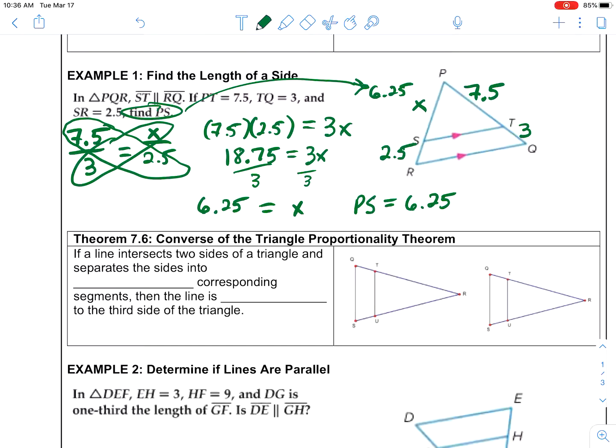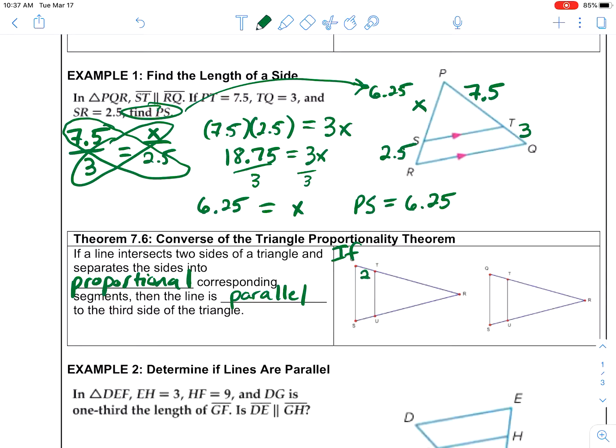If a line intersects two sides of a triangle and separates the sides into proportional parts, all right, so proportional corresponding segments. So if we start out with a proportionality, then the line is parallel to the third side. So once again, we think of this as the if part.